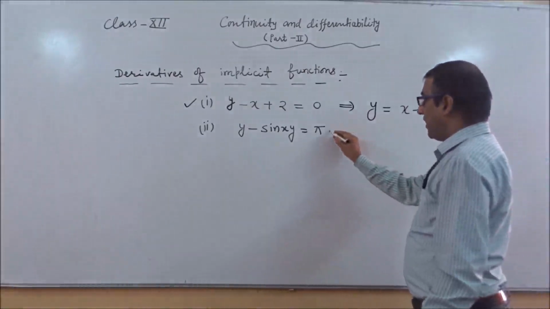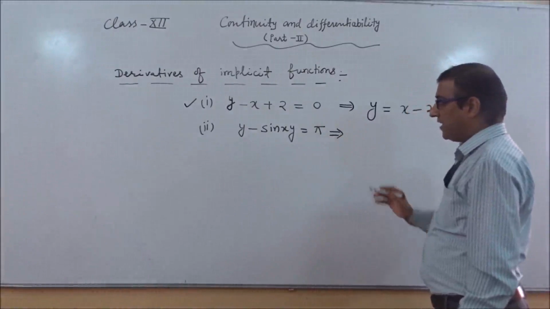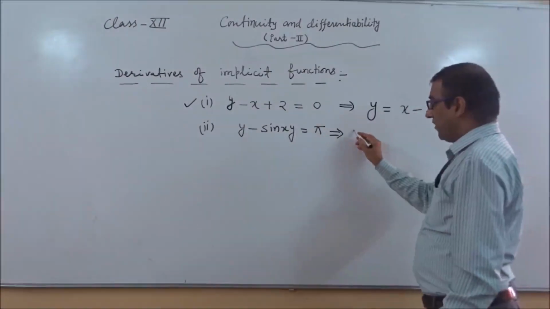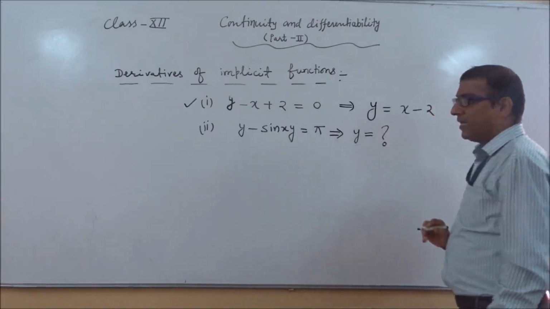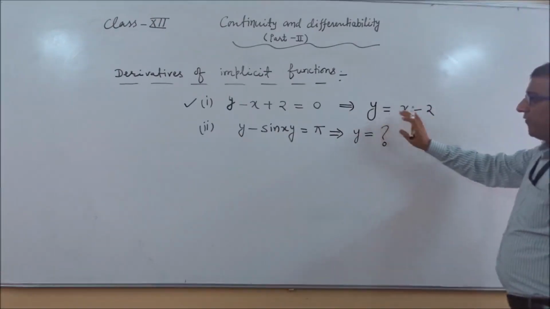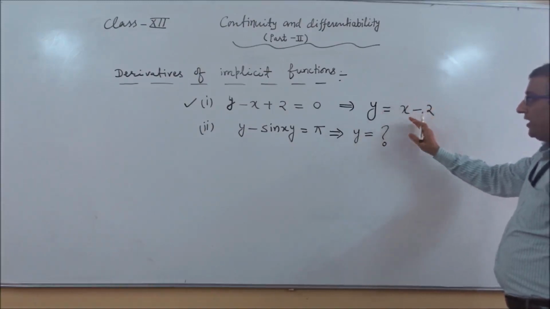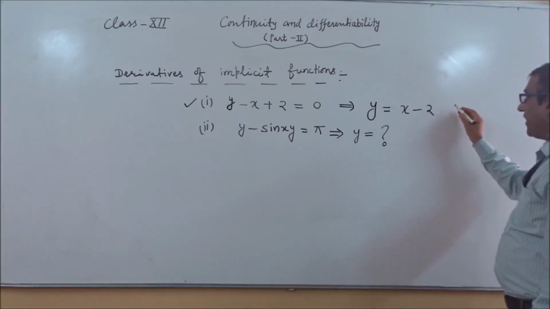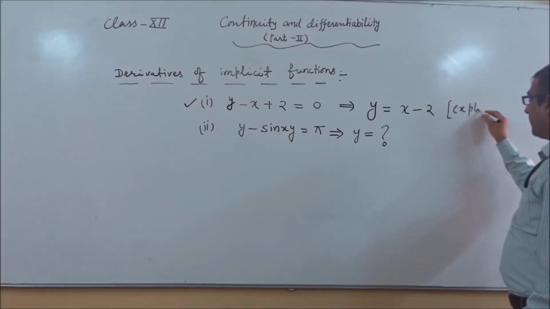But if we want to do this for the second equation, it is not possible. We will not easily calculate the value of y here. So if we can express the value of y in terms of x, that type of function is known as an explicit function.